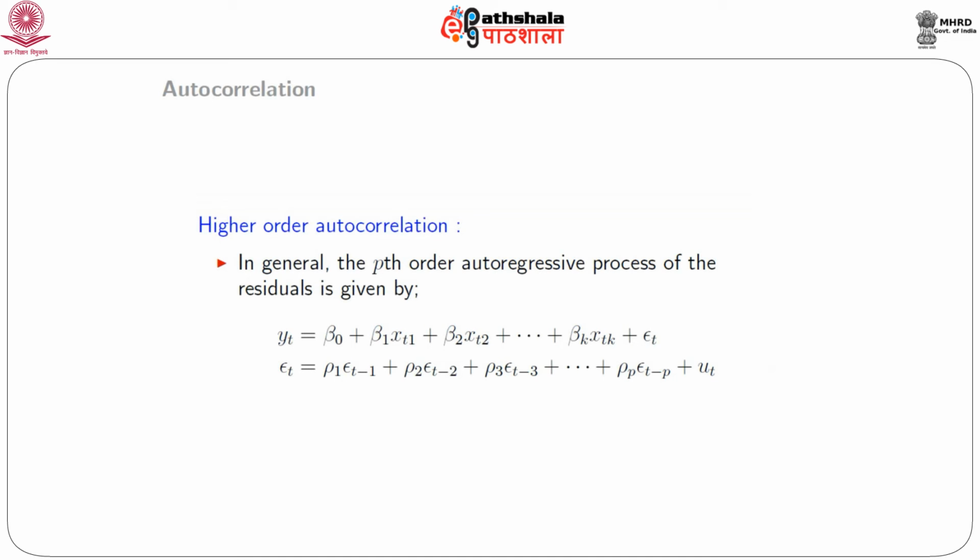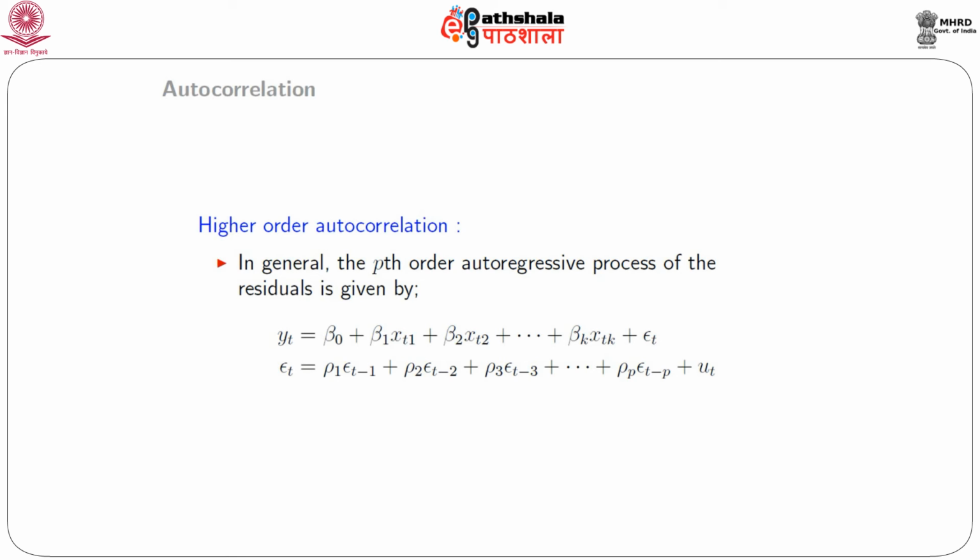So, in case we have higher order autocorrelation, in general the pth order autoregressive process will be written as yt equals beta naught plus beta 1 xt1 plus beta 2 xt2 plus ... plus beta k xtk plus epsilon t, which is the multiple regression model, and epsilon t is now regressed on rho 1 epsilon t minus 1, rho 2 epsilon t minus 2, up to rho p epsilon t minus p, plus ut.